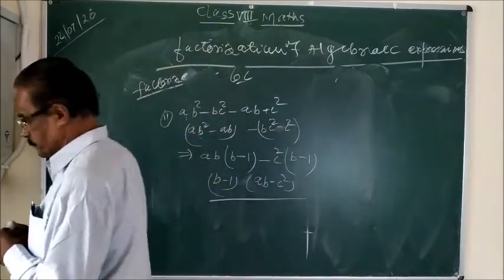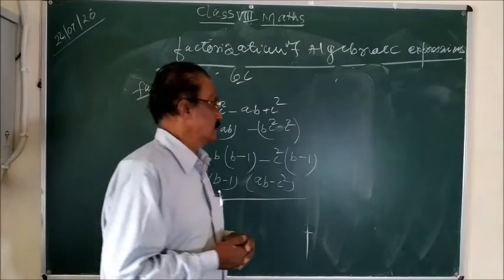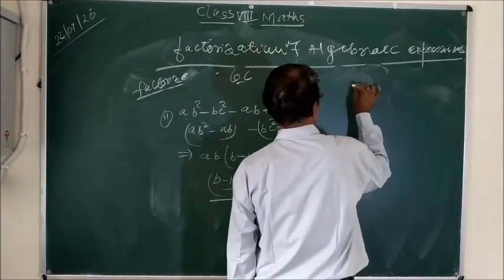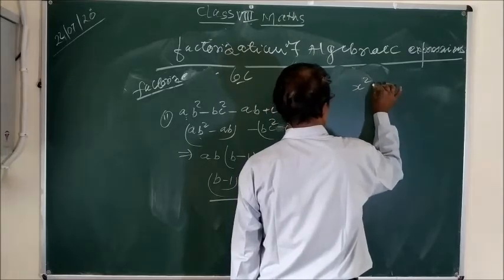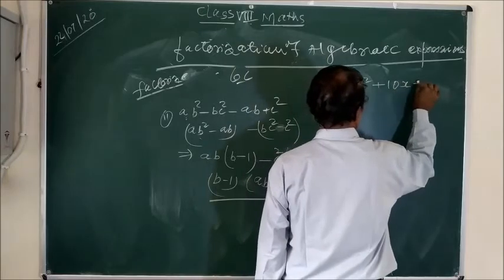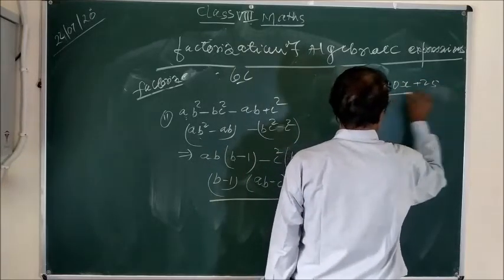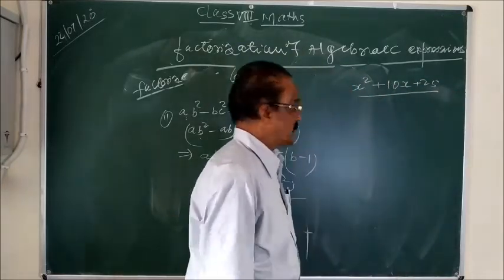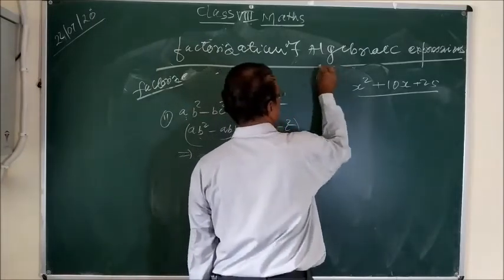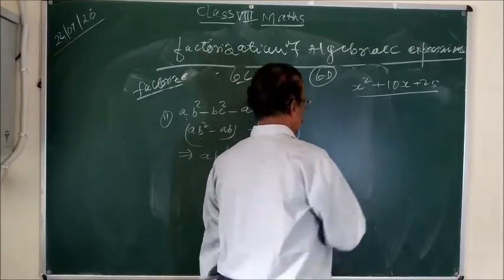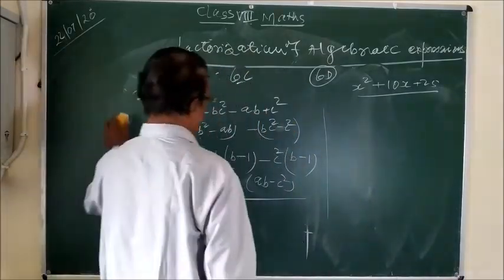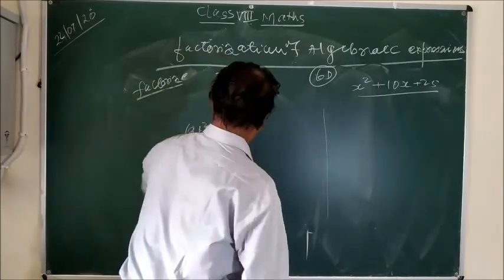One more thing: we can do factorization of a trinomial. Suppose x square plus 10x plus 25. Now this is a trinomial, 3 terms. I will explain this for 6D. You should know these formulas: a plus b whole square and a minus b whole square.